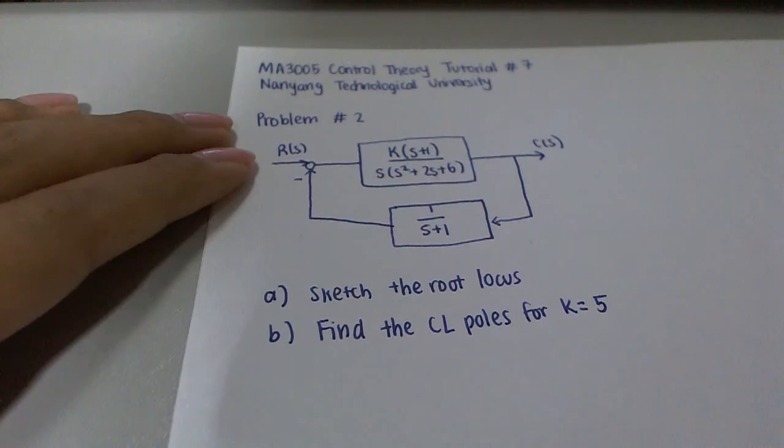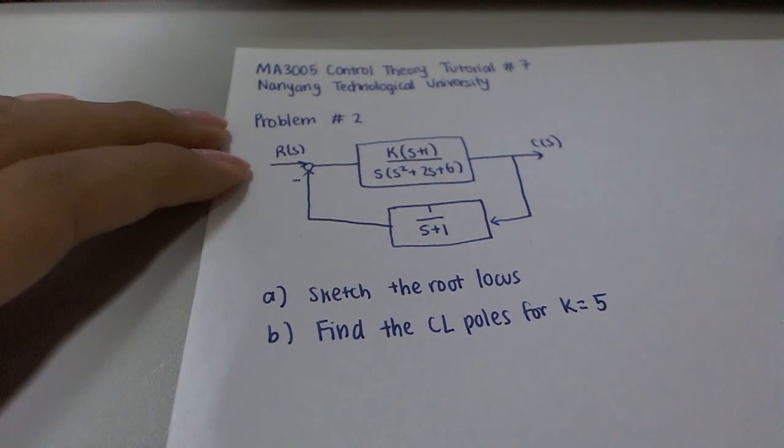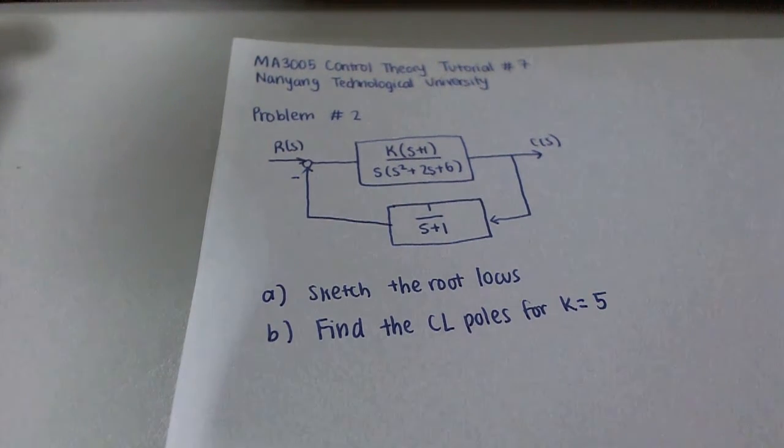As a quick recap, root locus is basically a plot of all the open loop poles and zeros for k from 0 to infinity.